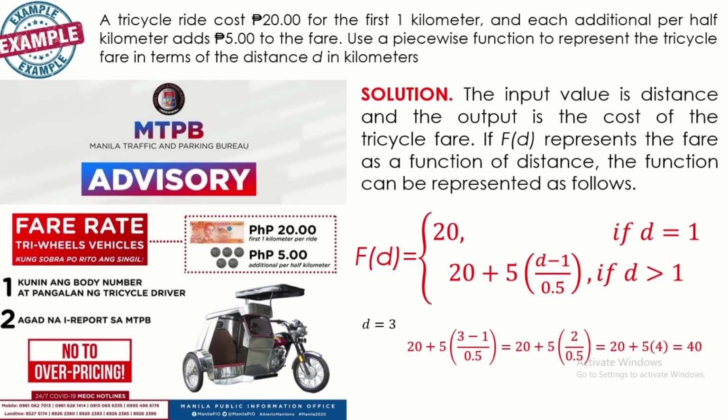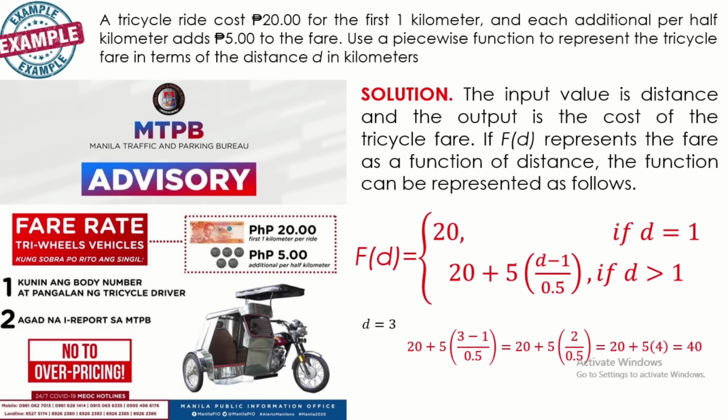Ano pa ba yung mga pwedeng sample ng piecewise function? Sa Divisoria, di ba, uso yung mga wholesale, retail na yan. So, pwede natin i-apply yung piecewise function doon. Halimbawa, kapag 5 pirasong damit lang ang binili mo, ang presyo niya individual price, no?